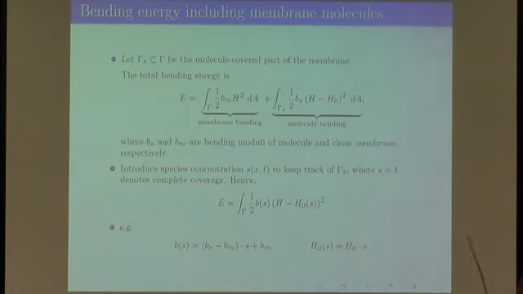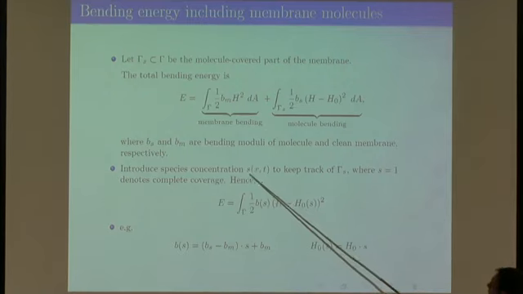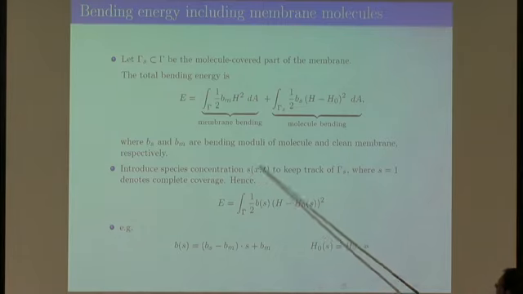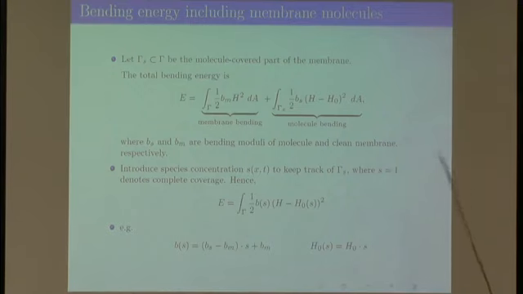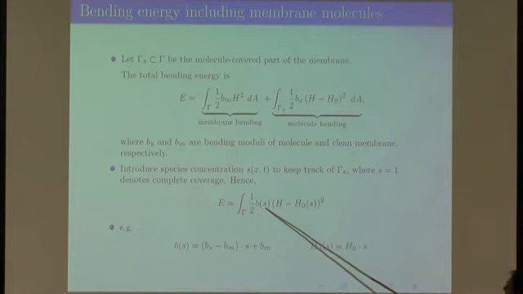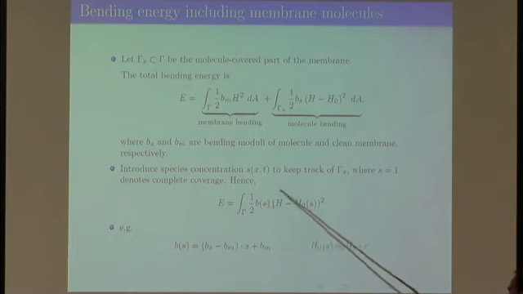Okay, to keep track of this region, we introduce some concentration, or you could think of this as a phase field as well. So some concentration S, which is 1 when it's completely covered, and which is 0 when there are none of these curvature-inducing molecules. And this allows us to rewrite this complete bending energy in such a way that the bending stiffness now depends on this molecule concentration on the surface, and the spontaneous curvature as well.